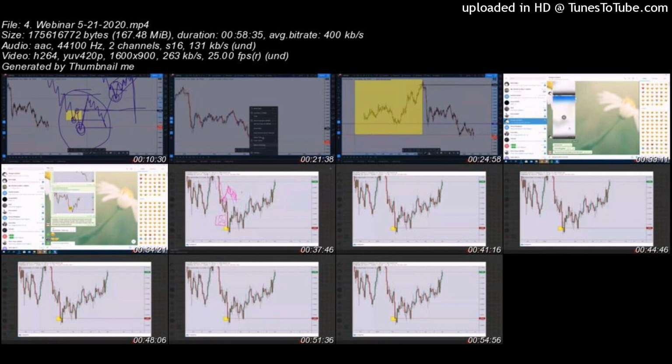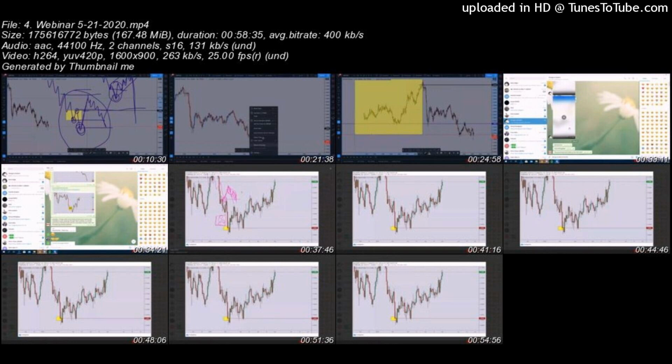So breaking below this lower high and lower low is what now tells us that price has now shifted from being an uptrend into being a downtrend.